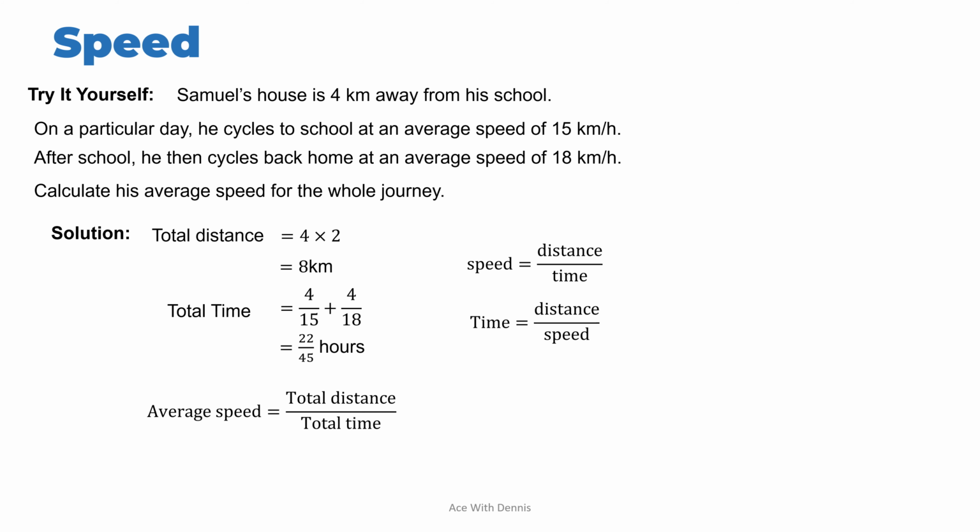And it is 22 by 45 hours. And now we can calculate the average speed, which is 8 kilometers over 22 by 45 hours. And the answer is 16.4 kilometers per hour to the nearest three significant figures.